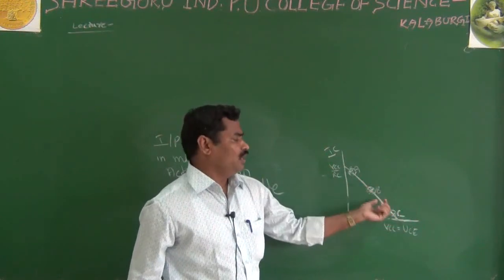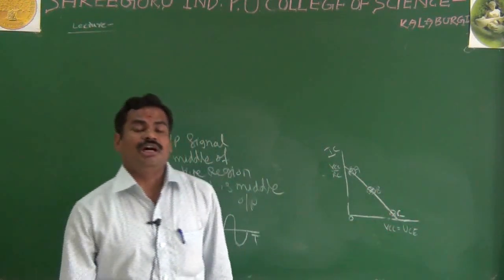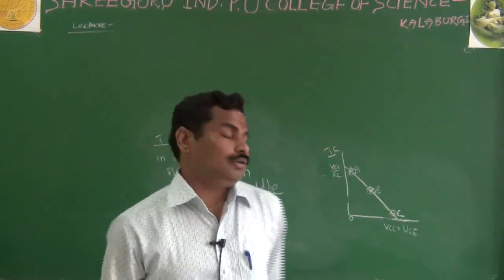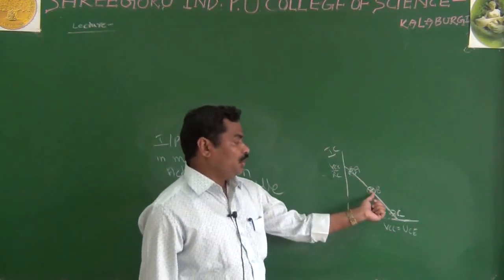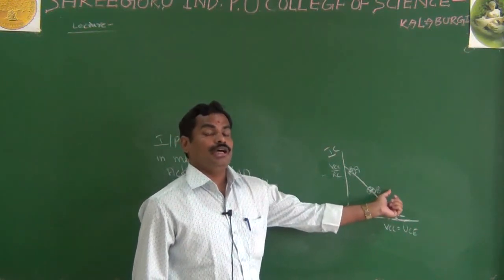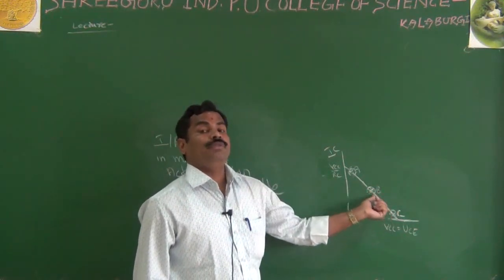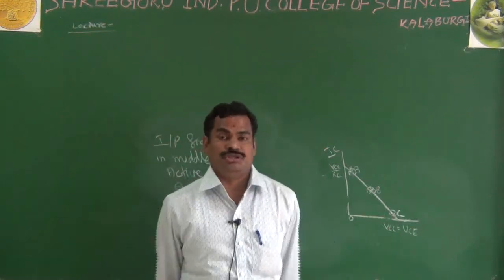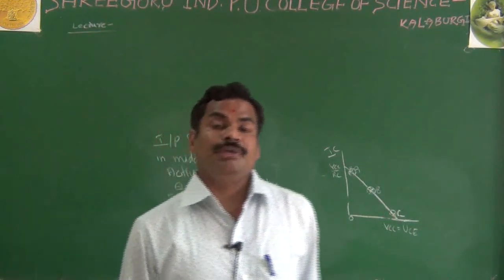And when will you get 100% amplification? If your Q point is in the middle of the active region, we will get faithful amplification. We are not having any distortions.